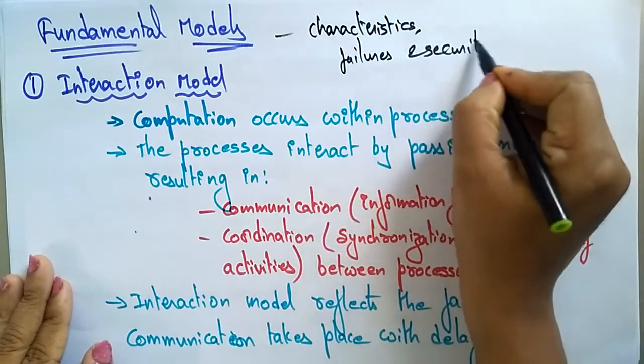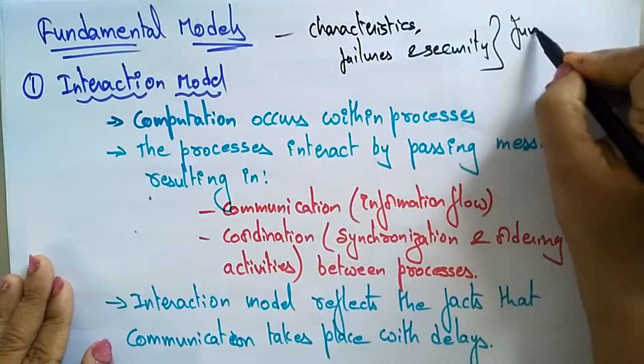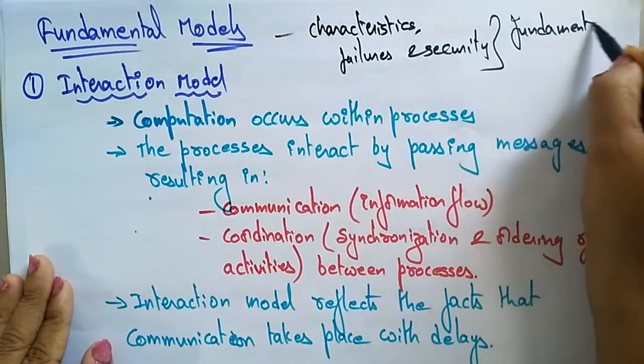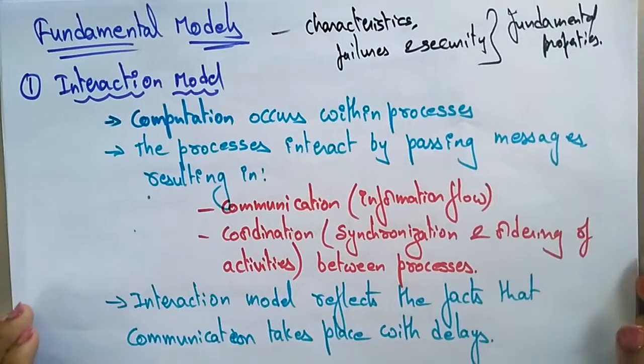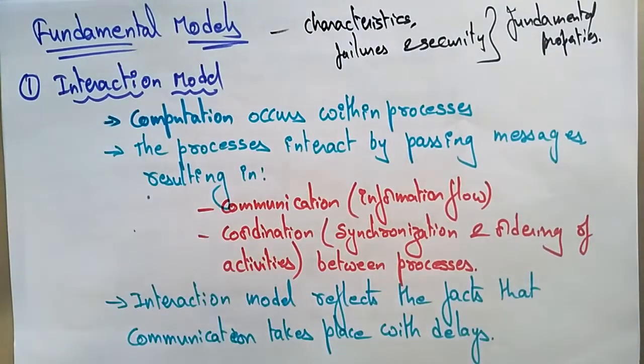So these fundamental models are all called fundamental properties of a system. Okay, so in that, the first model is the interaction model.